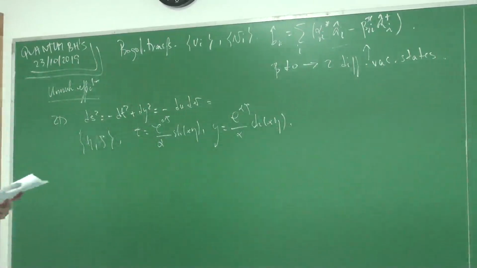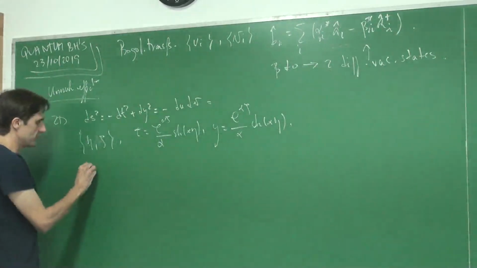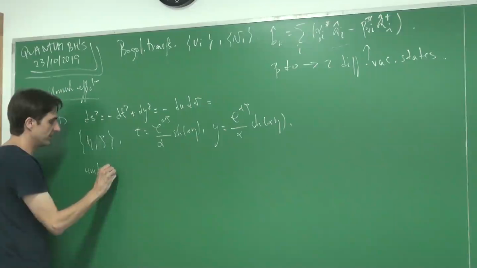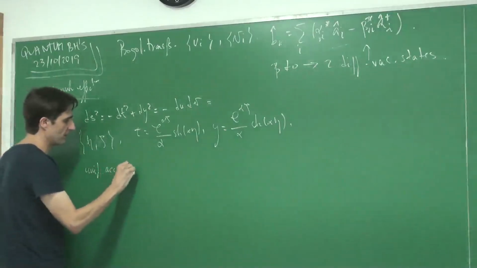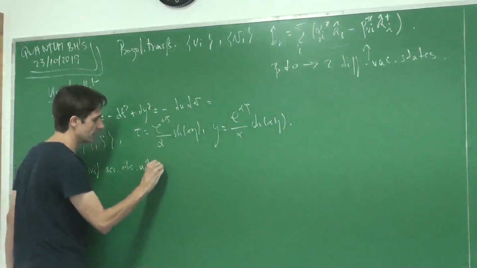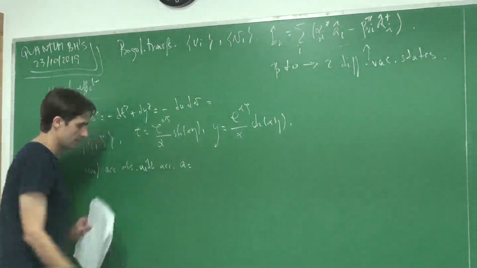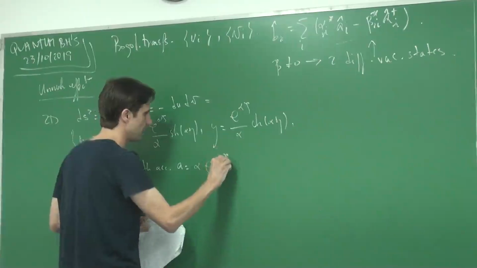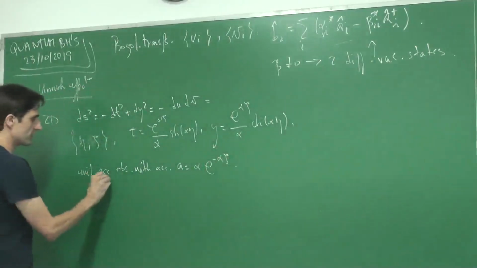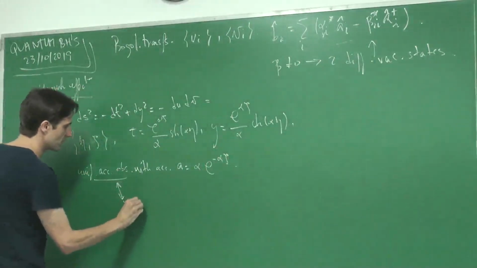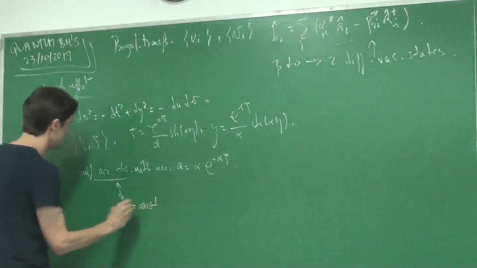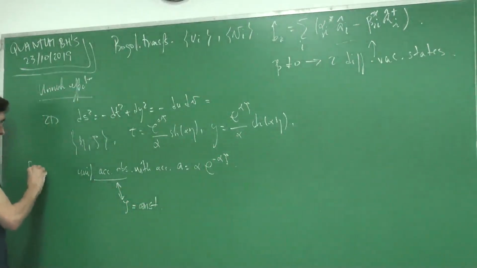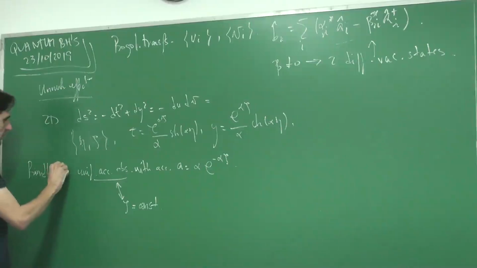And we saw as well that this is a uniformly accelerated observer with acceleration given by alpha exponential of minus alpha zeta. So this corresponds to zeta equals constant. This is a linear observer.